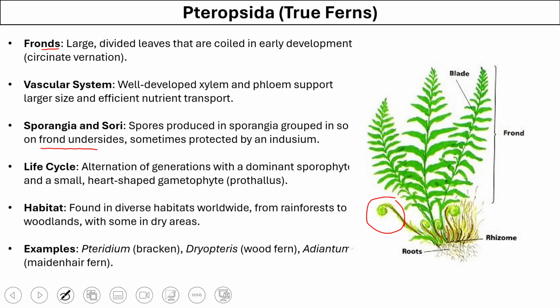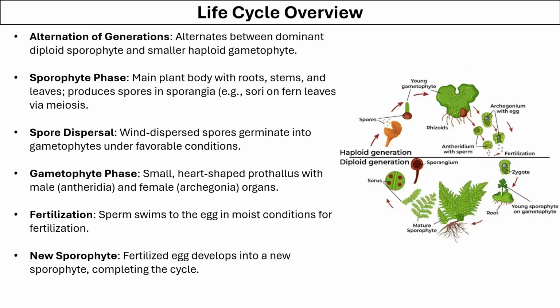These plants also display alternation of generations, with the sporophyte being the dominant phase of their life cycle, unlike bryophytes which have the gametophyte as the dominant phase. These plants are present in diverse habitats all around the world. Common examples of this division are Pteridium, Dryopteris, and Adiantum.